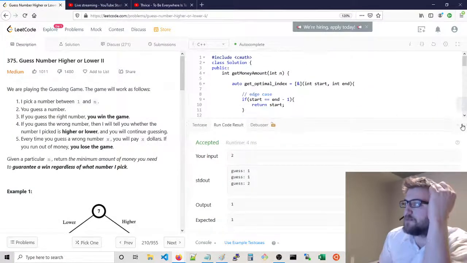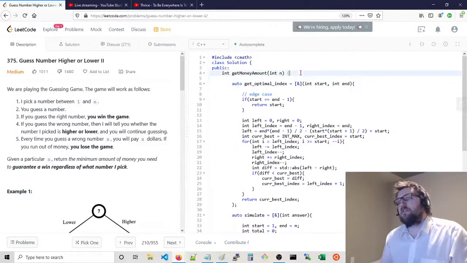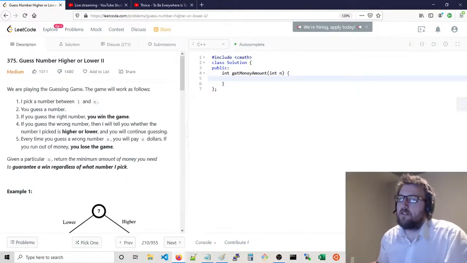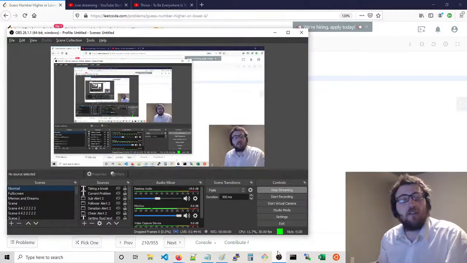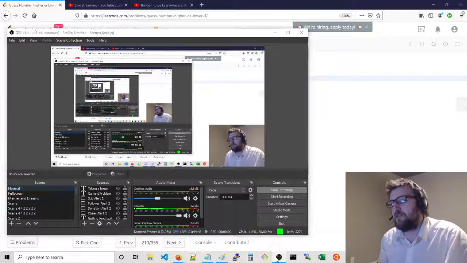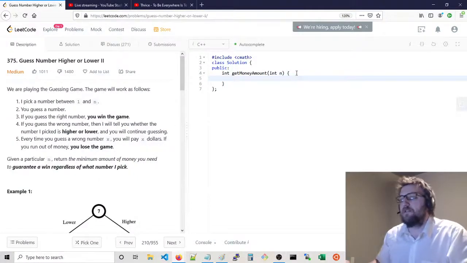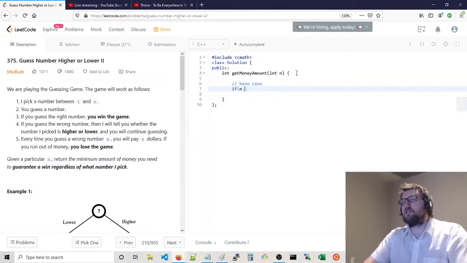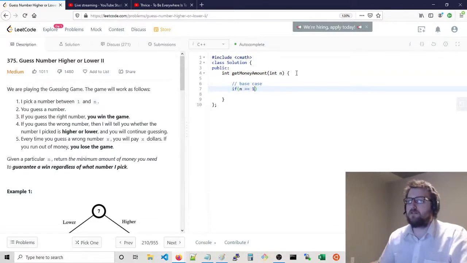I wonder what this would look like. Well, that code, man. Oh boy. Alright, so let's see. Base case n equals 1.